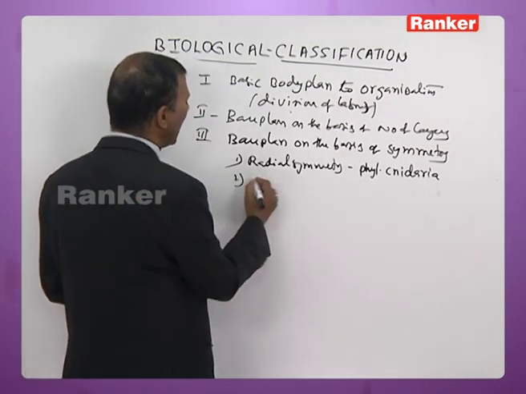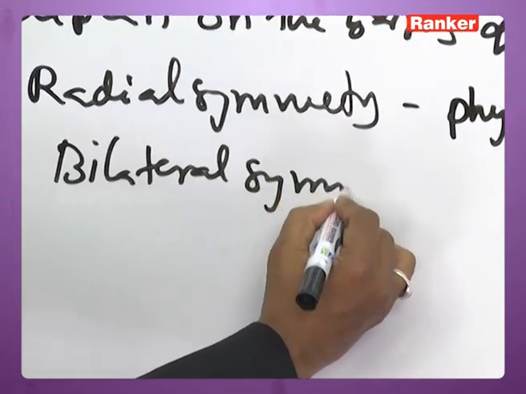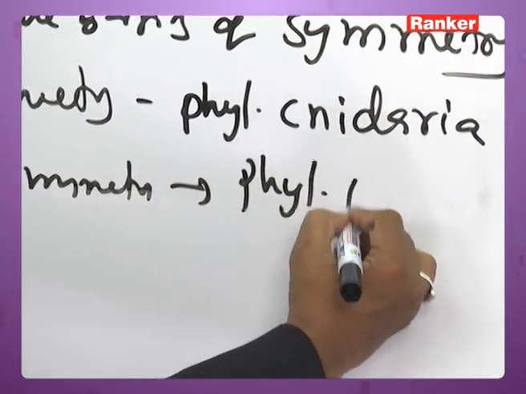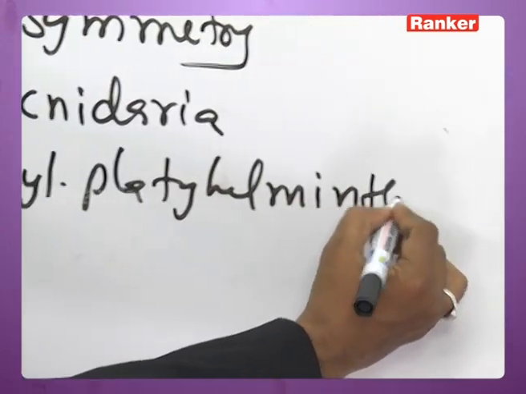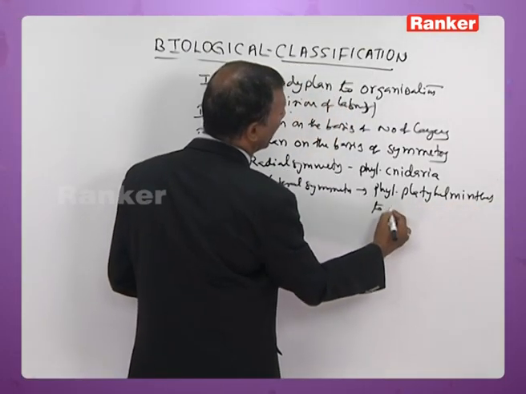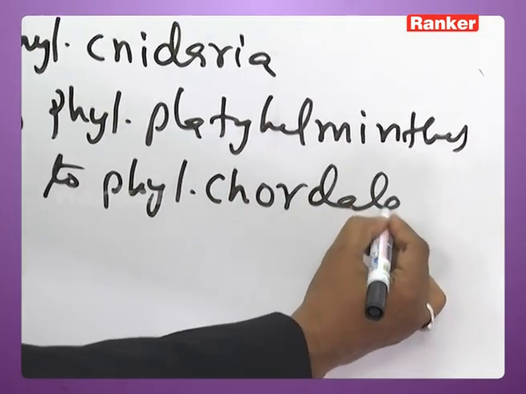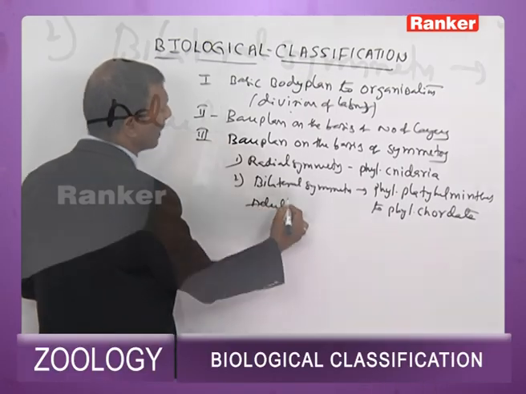Then next you have bilateral symmetry. Bilateral symmetry is noticed right from phylum Platyhelminthes to phylum Chordata, barring exceptions like adult echinoderms.